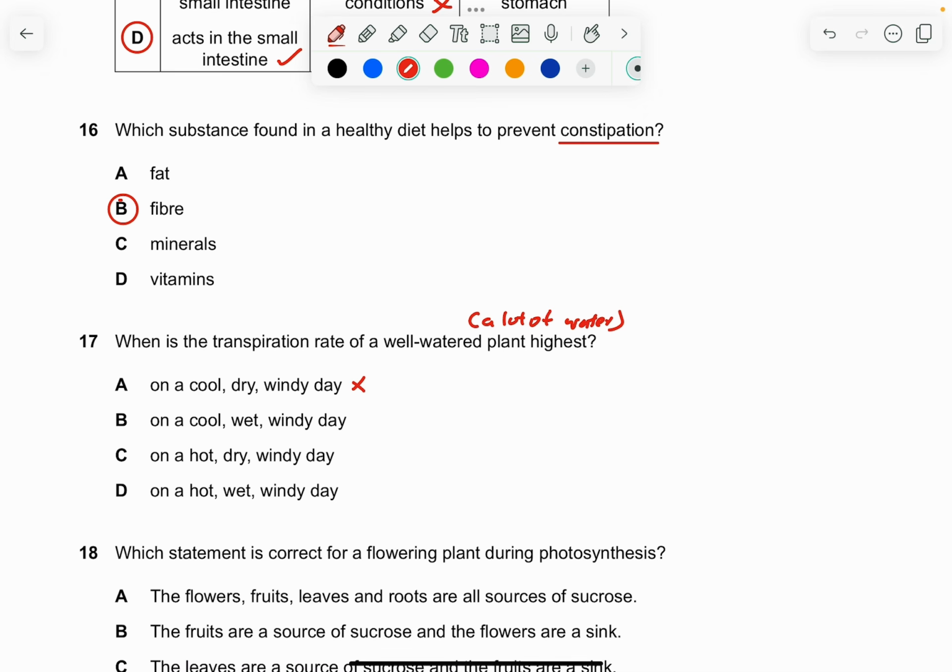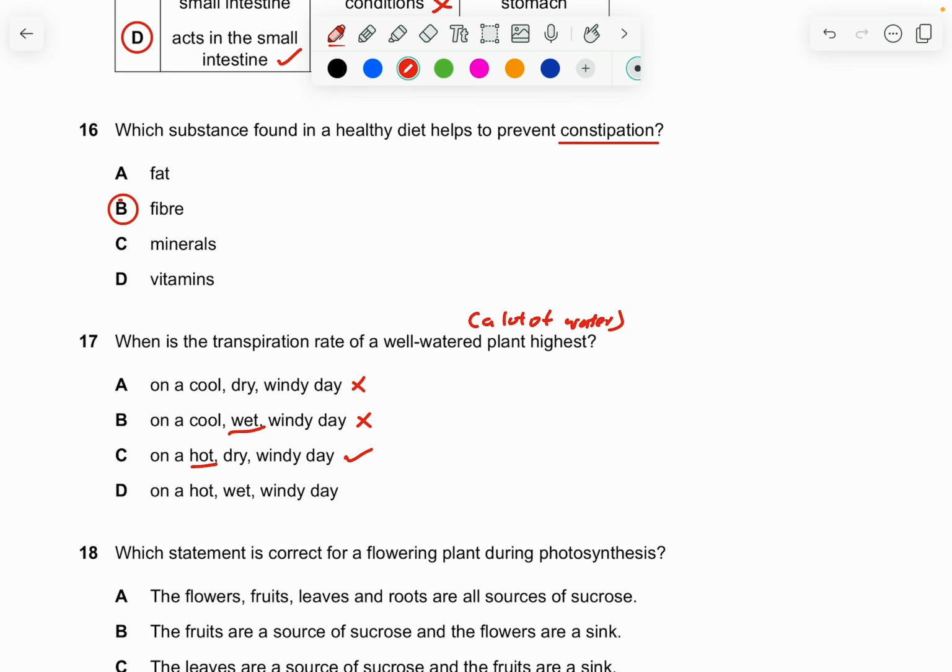On a cool, wet, windy day, no, because if it's wet, moisture will prevent water from coming in and going out, it plays a significant role in the water potential concentration. On a hot, dry, windy day, yes, because when it is hot the temperature goes up, more water will be moving out of the stomata.